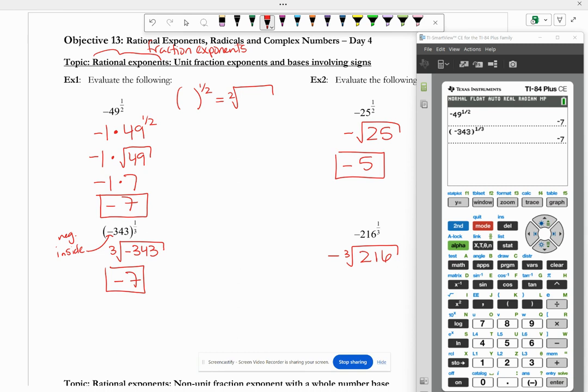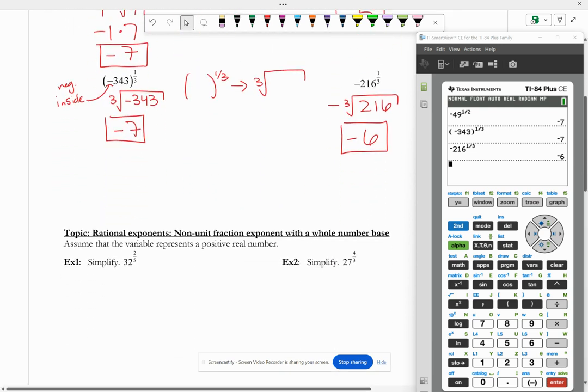If I type that in, negative 216 to the 1 divided by 3, I get negative 6. So a lot of this right now is calculators. Again, if we have something to the 1/3, that's the same thing as the cube root.